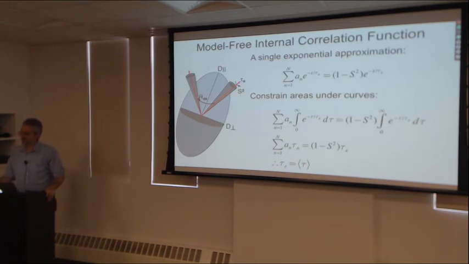But that's not true. It assumes that the internal correlation function is multi-exponential, and it makes a single exponential approximation to that multi-exponential decay. And the approximation that it chose was to match the areas of the curves, and that meant the definition of the correlation time in the model-free approach is the mean correlation time for the underlying real unknown correlation function.